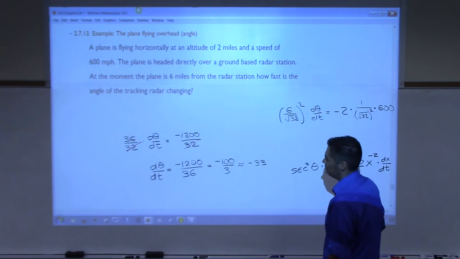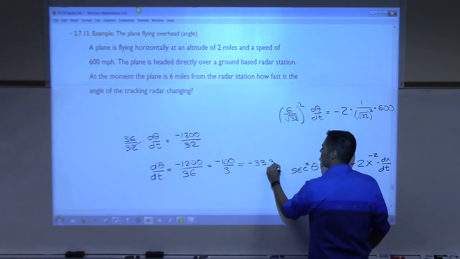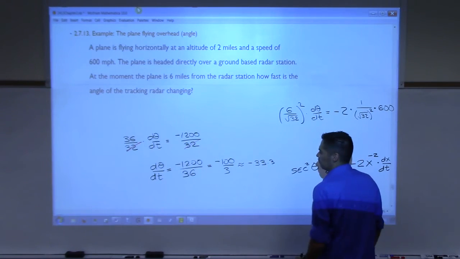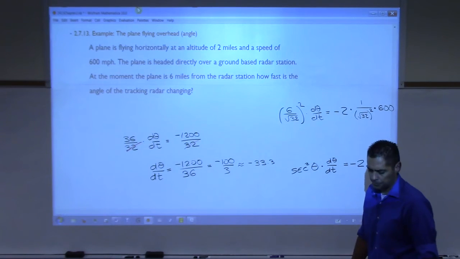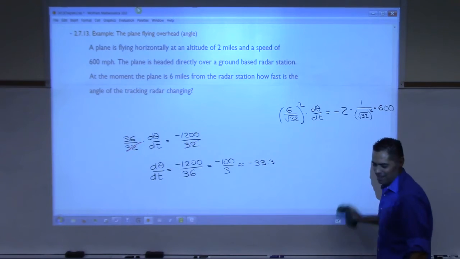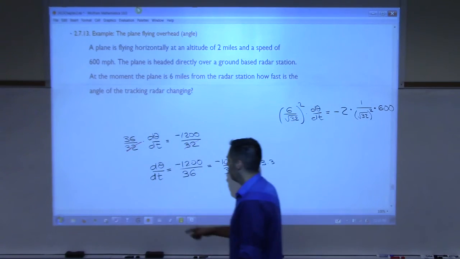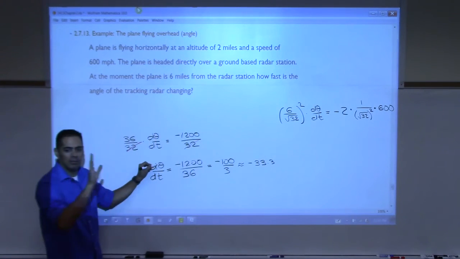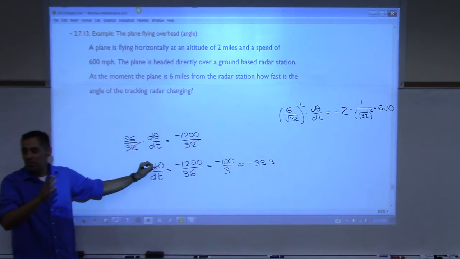Is that right? 33.33, whatever. Theta. How are we measuring the angle? It didn't say degrees or radians, right? It's always radians unless they specify degrees.